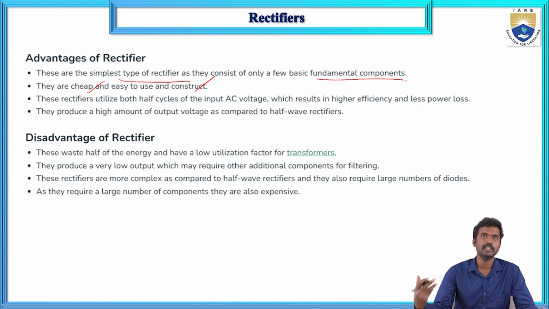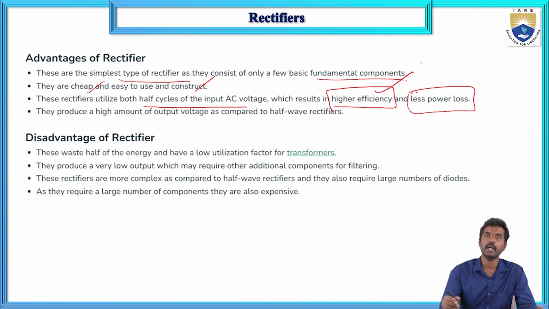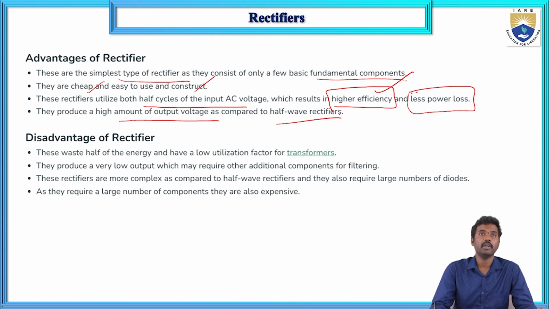They use both half cycles of the input voltage, which results in high efficiency, with low power losses. And it produces a high amount of DC output voltage as compared to half wave rectifiers. And next, what about the disadvantages?